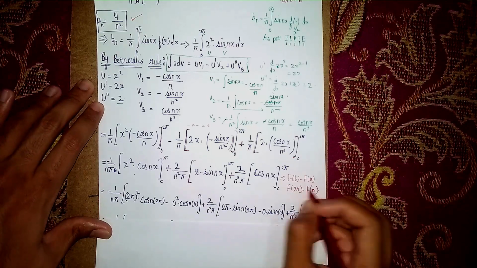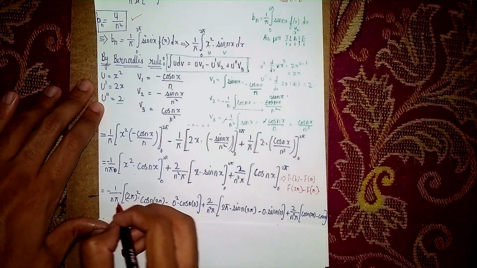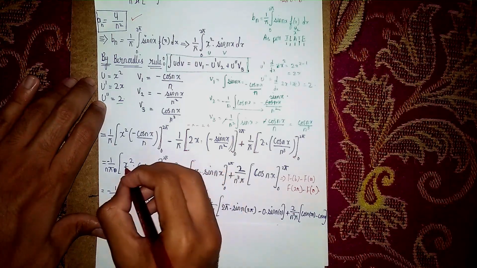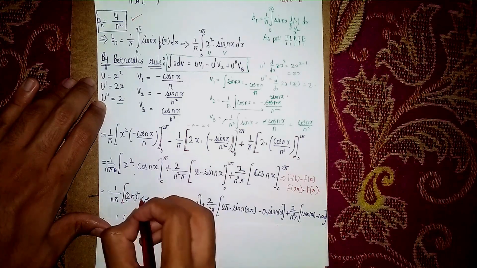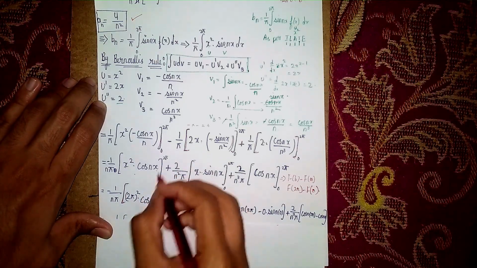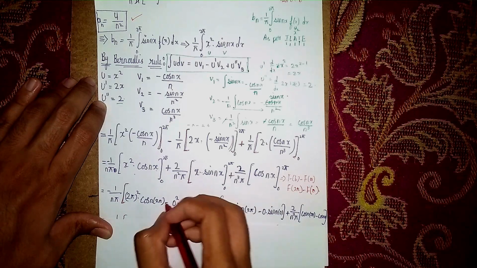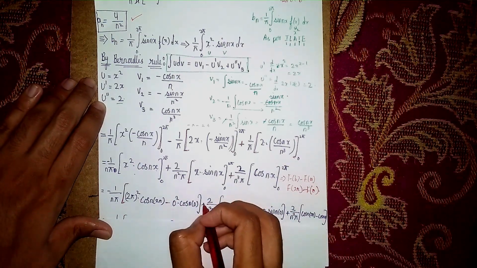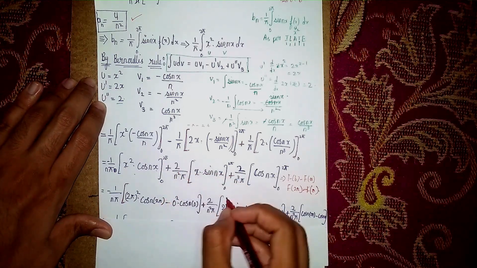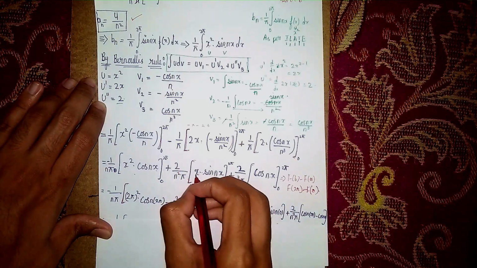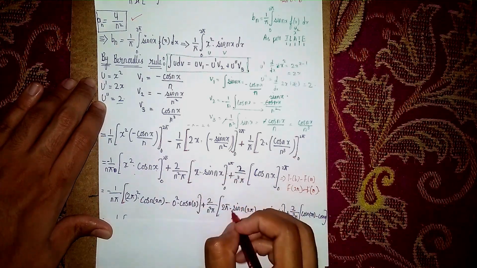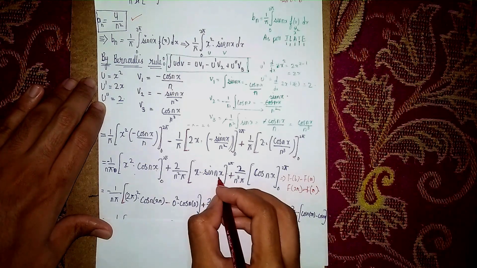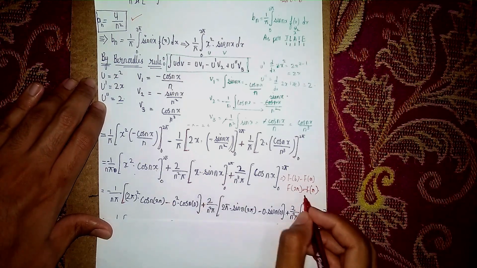0. Okay, now apply the limit, minus 1 by n pi, so open the bracket. First 2 pi, instead of x you have to substitute 2 pi. 2 pi square into cos n 2 pi, minus of 0 square into cos n into 0. Then plus 2 by n square pi, then open the bracket. Instead of x, first you have to substitute 2 pi, here also 2 pi, then minus of 2 pi into sin n 2 pi minus 0 into sin n into 0. Okay, so I'm substituting 0, fb minus fa, don't get confused.